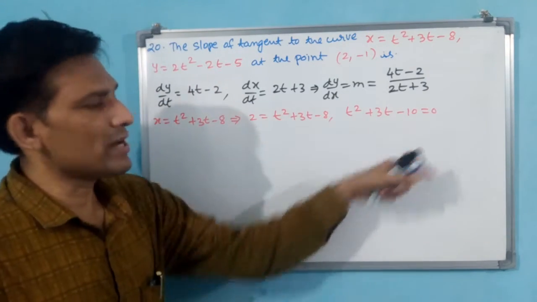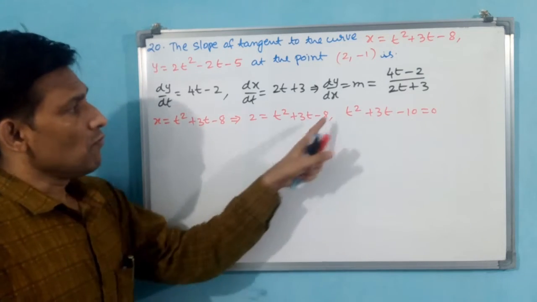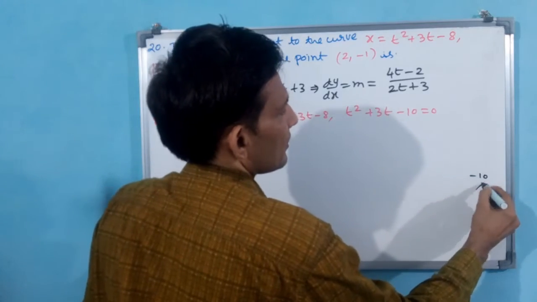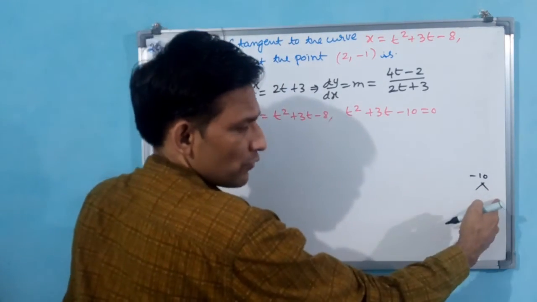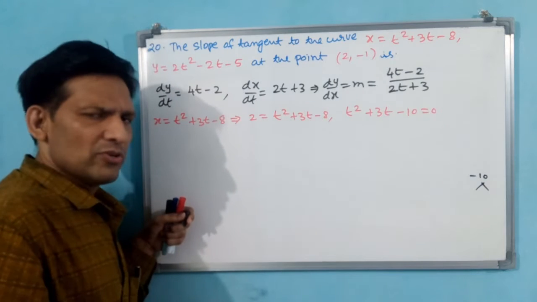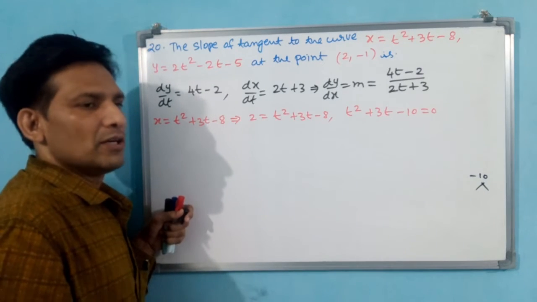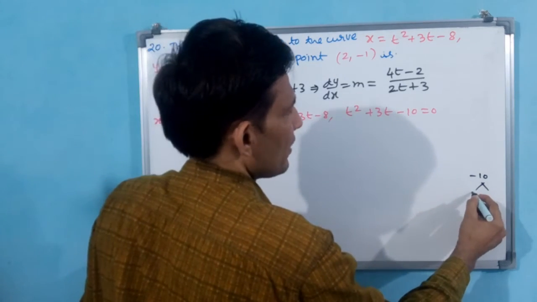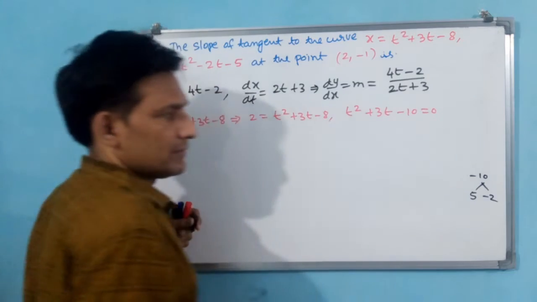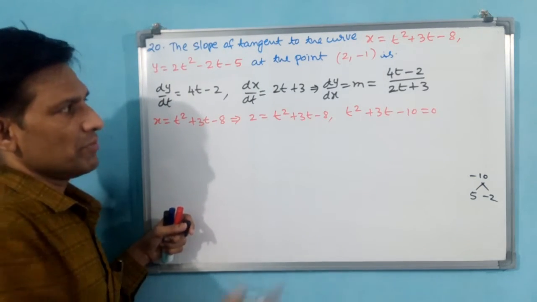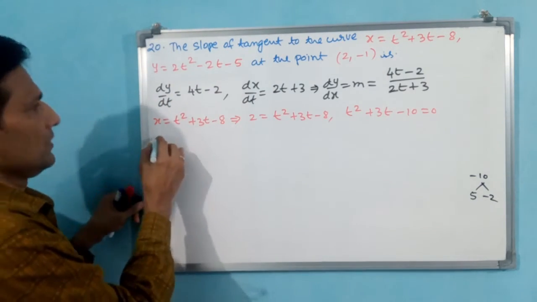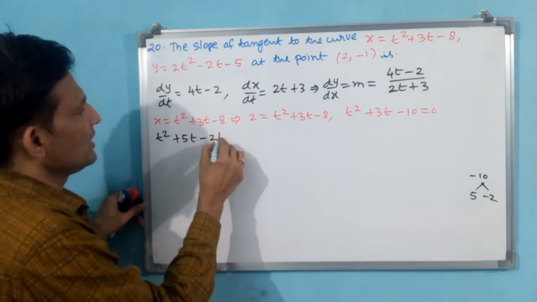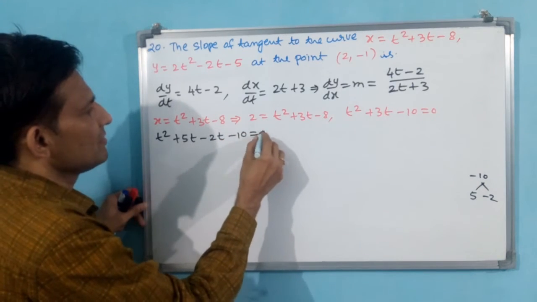Now it is a quadratic equation. 1 into minus 10, 2 into 5, 1 into 10 will not become 3, we know. 2 into 5 is 10, 5 minus 2 is 3. That means here you take 5, minus 2 you take. Minus 10, 5 minus 2 is plus 3. Okay, now you write down t square plus 5t minus 2t minus 10 is equal to 0.